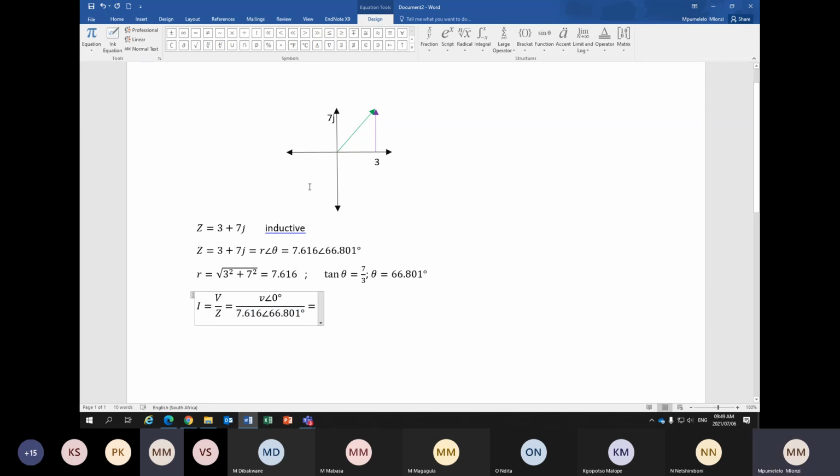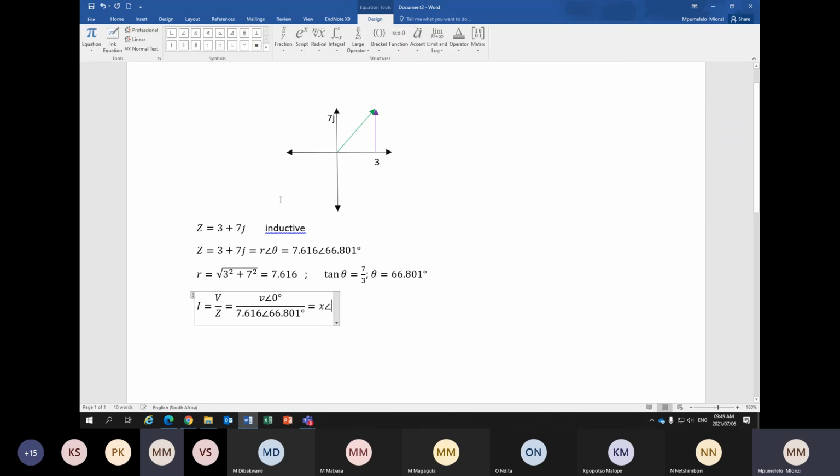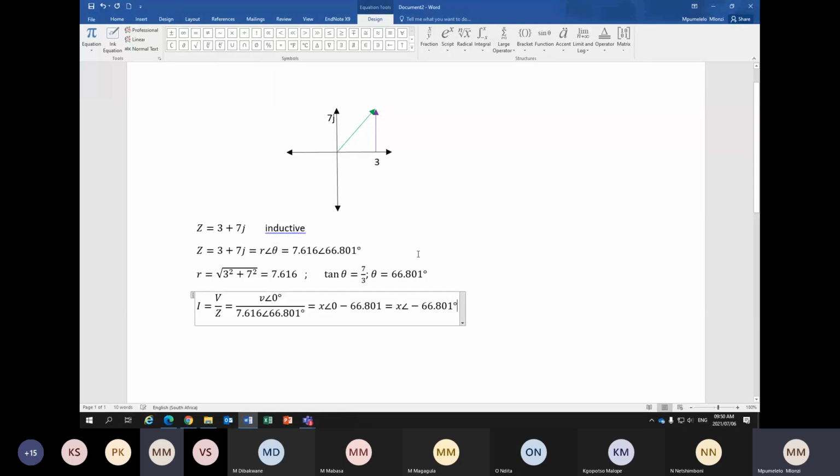Now this will give you a value of the current, pardon me, and an angle of 0 minus 66.801, which equals X at an angle of negative 66.801 degrees. Now this is our current.